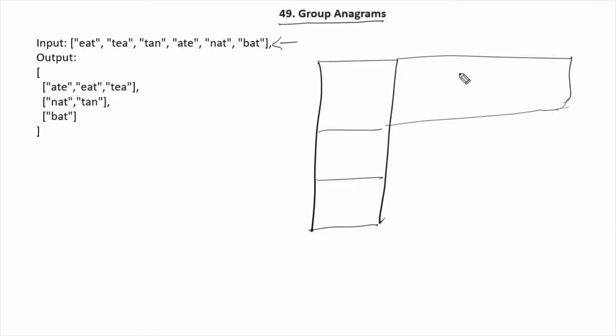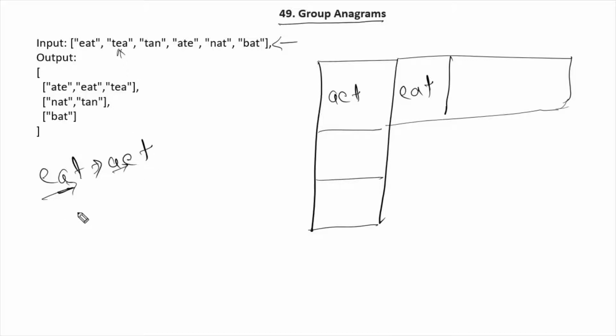Okay, so first we got EAT. We'll sort this string and we'll get AET. So we'll create a new entry in the map, AET, and we'll store the original string with respect to the sorted string, EAT.